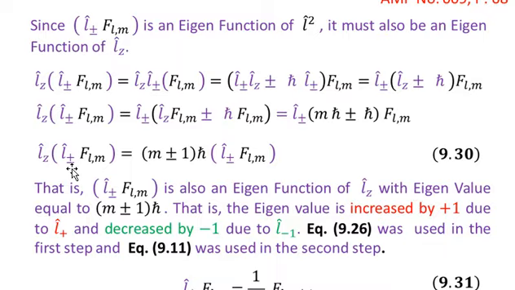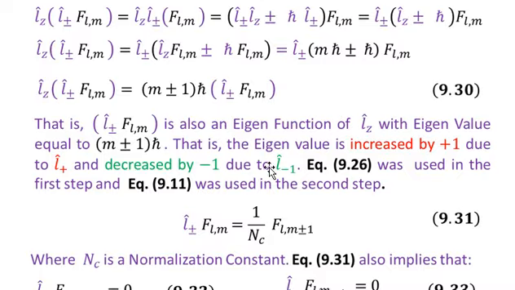So that's why L plus and L minus are respectively called the raising and the lowering operators. That is, L plus minus operating on F L M is an eigenfunction of Lz with eigenvalue equal to m plus minus 1 h bar. The eigenvalue is increased by 1 due to the L plus operator and decreased by 1 due to the L minus operator.